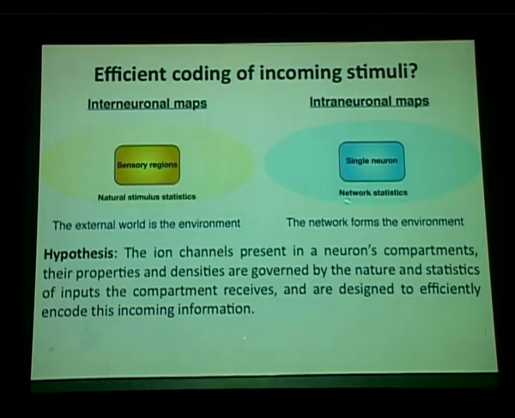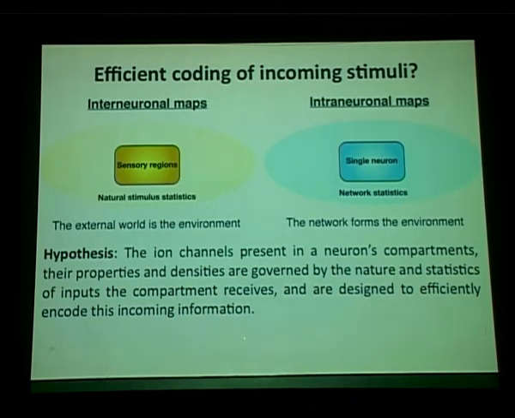So the kind of network statistics that are present at that specific neuron that you are seeing at that specific location. So the single neuron is going to try to modulate its channel density in response to the kind of inputs that are coming at that specific location. It's not like a global thing. So because you can change ion channel densities locally at only one location, it is as though neurons are trying to encode this altered statistics that you see over here.